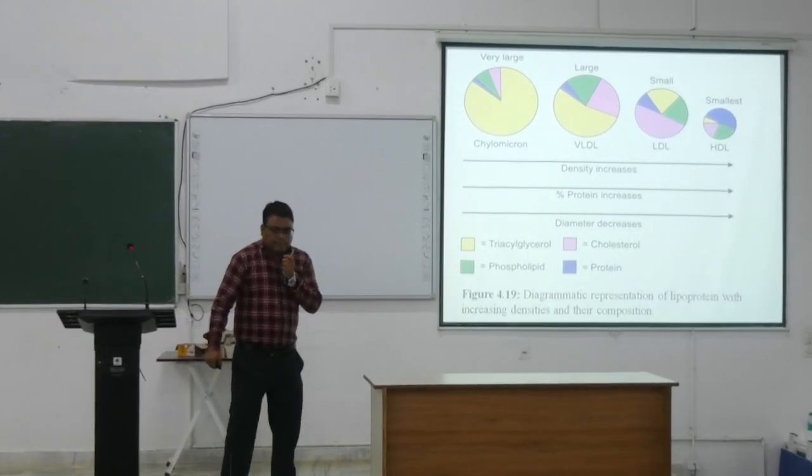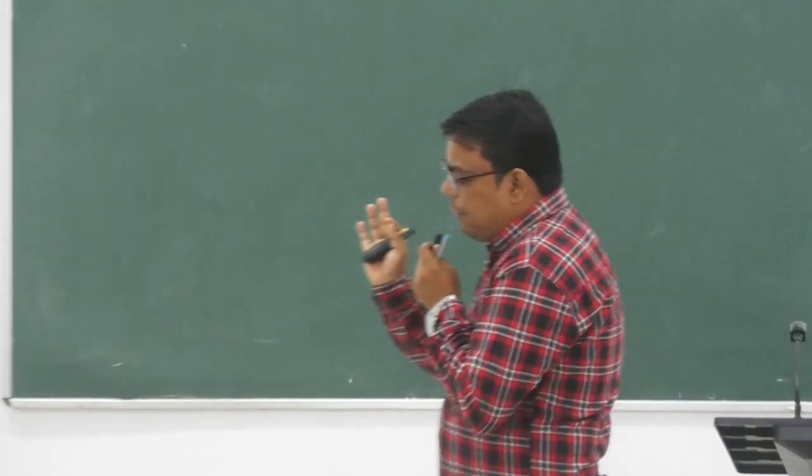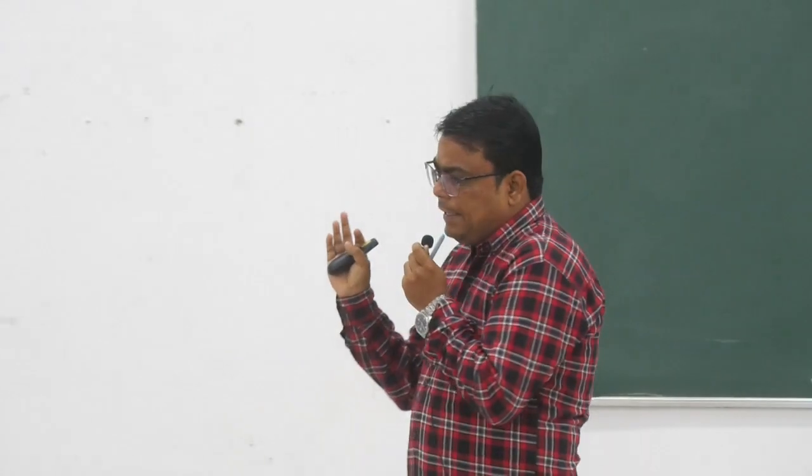On the basis of density, the denser ones settle down first. As protein increases, density increases, and as lipid increases, diameter increases. So we fractionate these molecules on the basis of density into chylomicron, VLDL, LDL, and HDL.